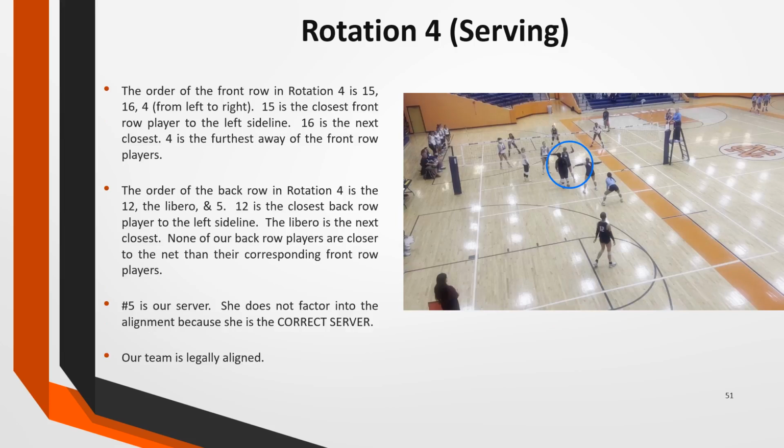So the order of our front row in rotation 4 is 15 our setter, 16 and 4. 15, barely, is the closest front row player to the left sideline. 16 is the next closest, and 4 is the furthest away from the left sideline of the front row players.